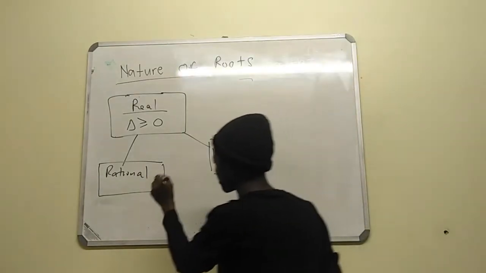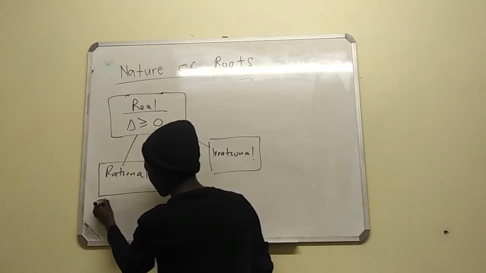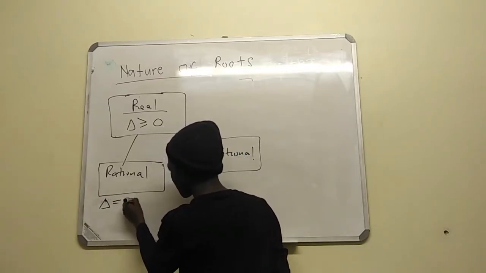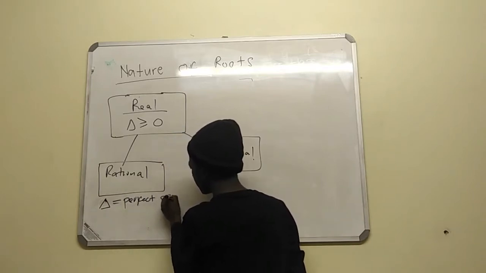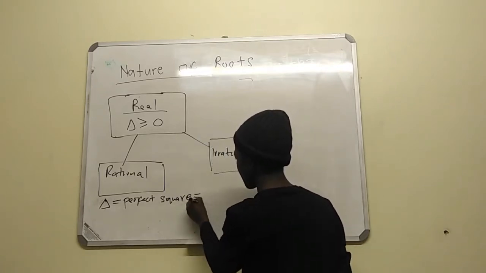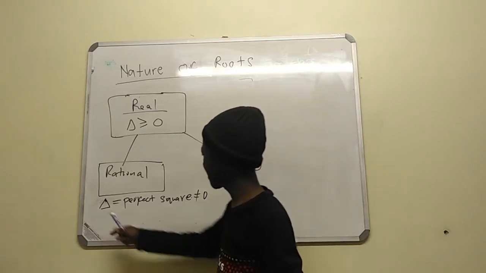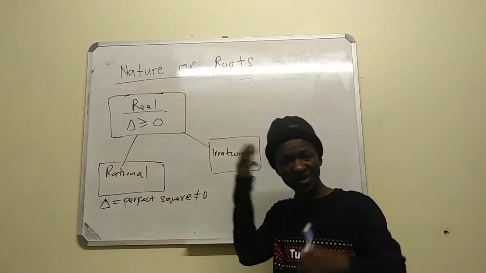So if this delta is equal to a perfect square, and it must not be equal to 0, what is a perfect square?